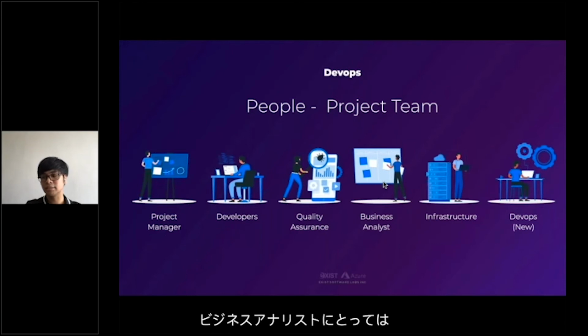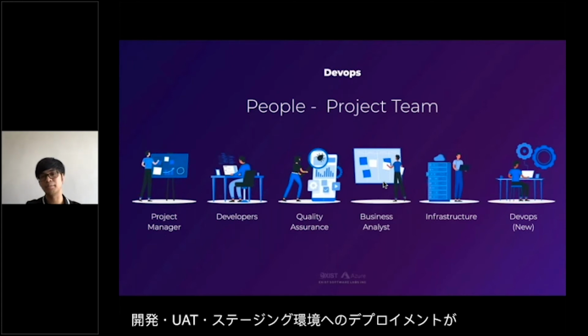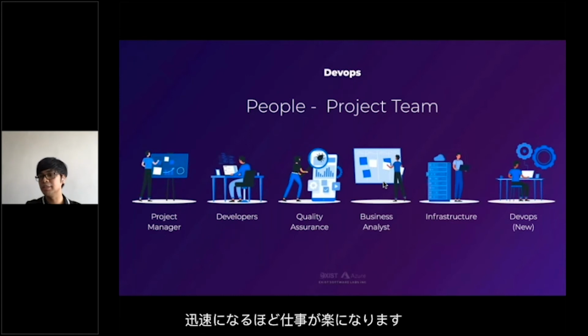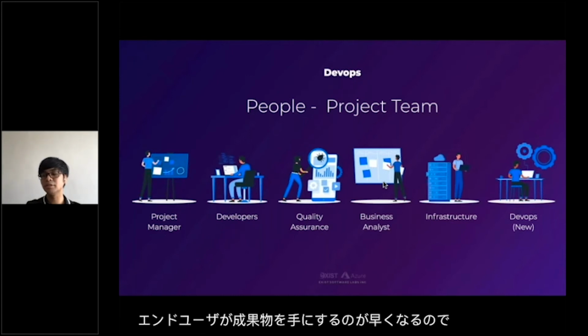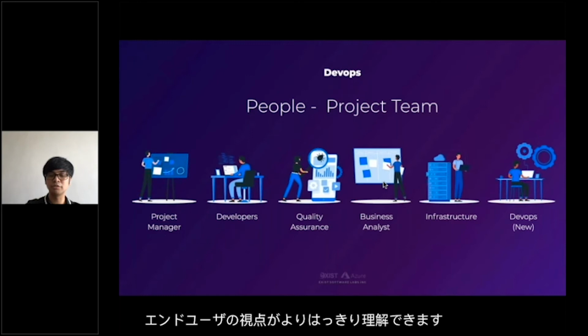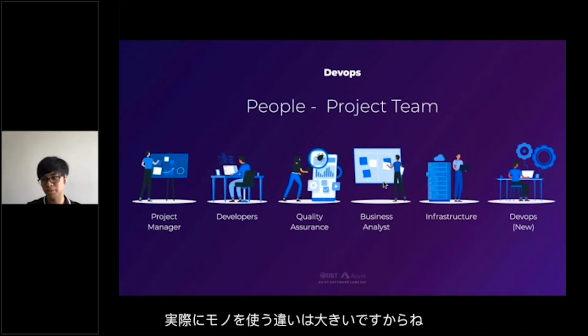So for business analysts, the faster that we deploy to development, to your UAT environment, to your staging environment, makes their life a little bit easier because the end users are actually seeing the output way faster. They can now get a clearer picture of what the end user's perspective is because there's a difference between looking at a wireframe and actually using it.